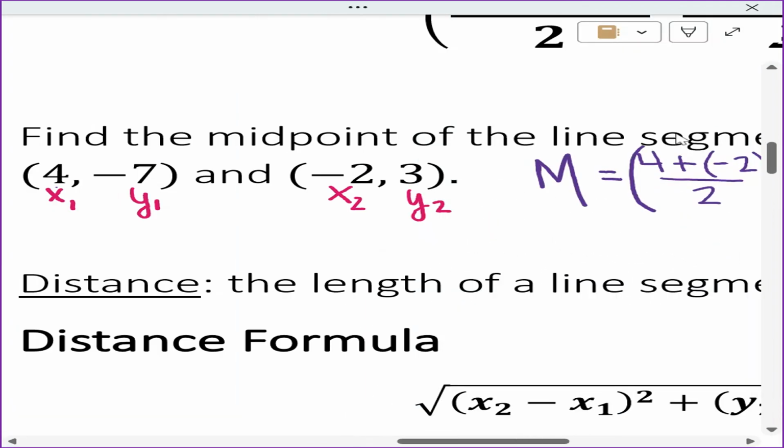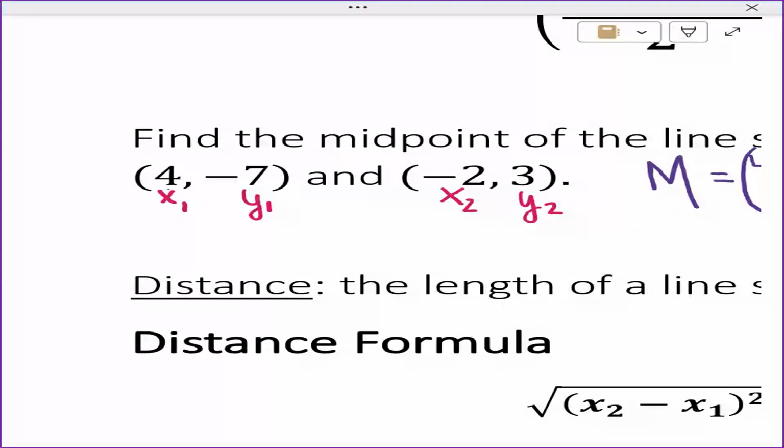So I think it's helpful for you to see what's happening in Desmos. So I'm going to put those two ordered pairs in. The first one was the ordered pair 4 and -7, and the second ordered pair was -2 and 3. And we said that our midpoint ended up being the ordered pair 1, -2, correct?